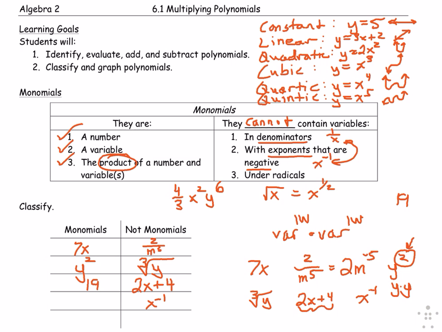It's a monomial because it is the product of variable bases with whole number exponents. It's okay that the fraction in front is a constant multiplied. And last one, a on b. That's not a monomial. You have a variable in the denominator.